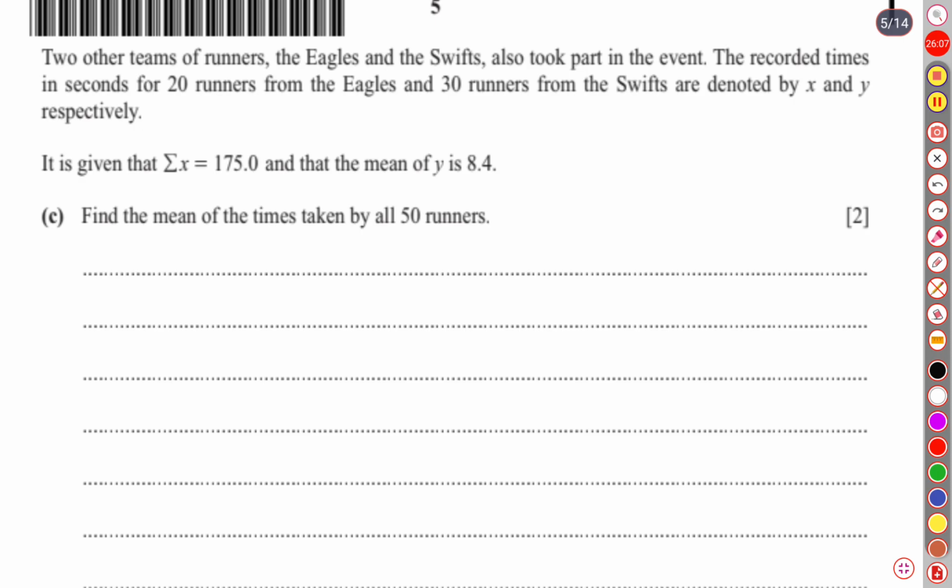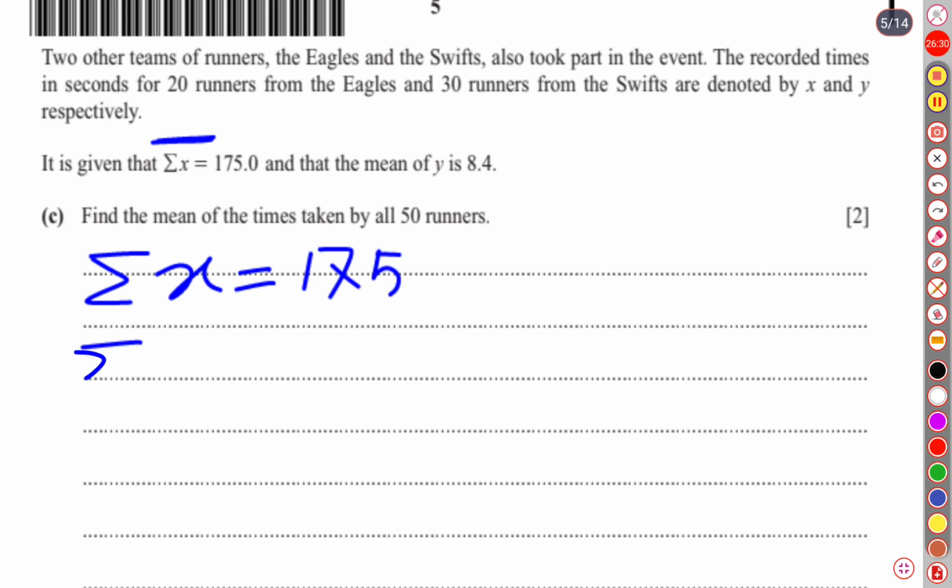Find the mean of the times taken by all 50 runners. So from this question, we know that this is coding data. So sum of X means total time taken by Eagles is 175.0.